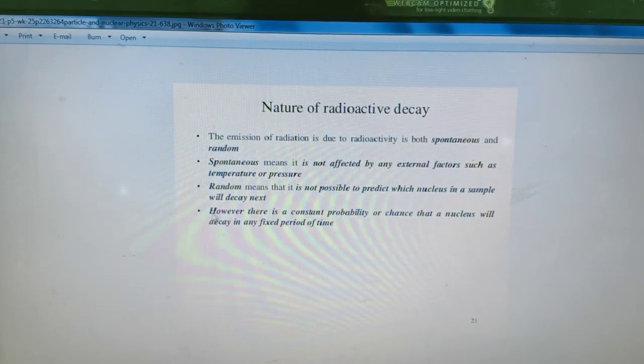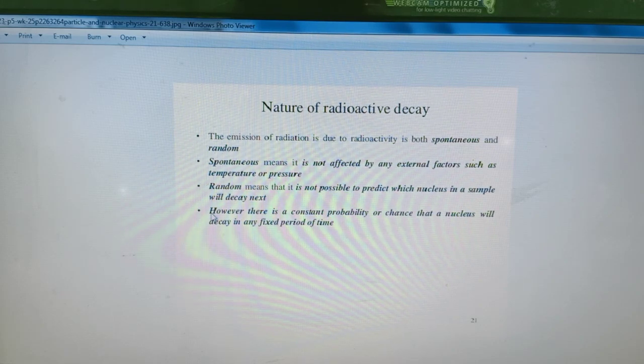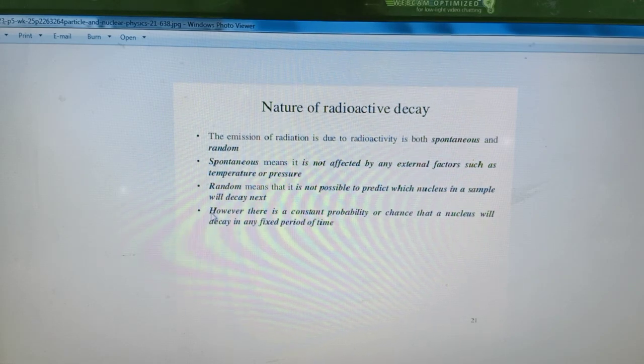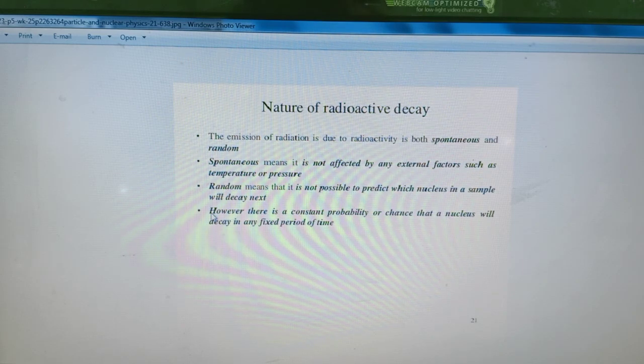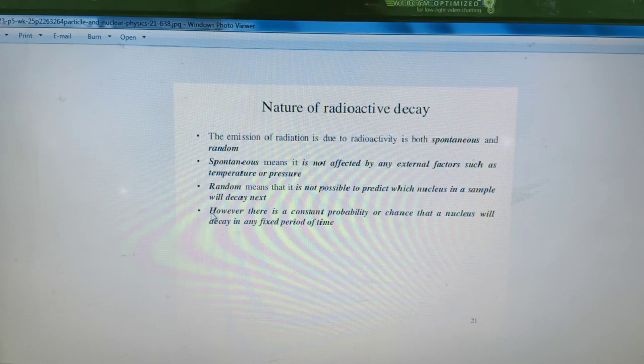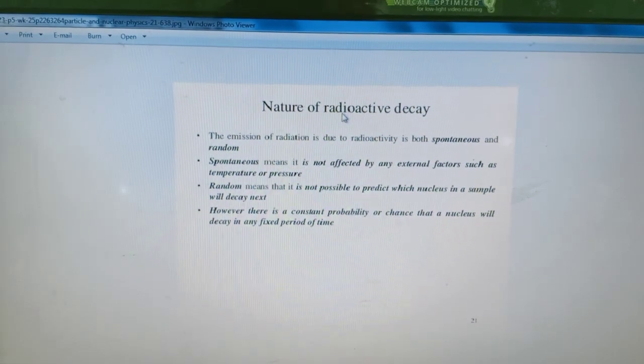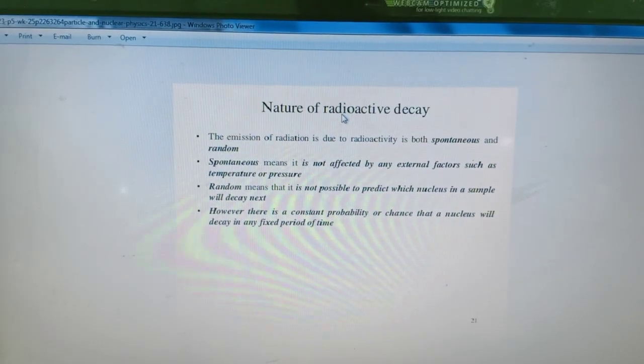This is the thing that we can calculate: how long that sample will take to decay until it finishes. We can calculate it, but we cannot predict which nucleus will decay next. That is the nature of radioactive decay.